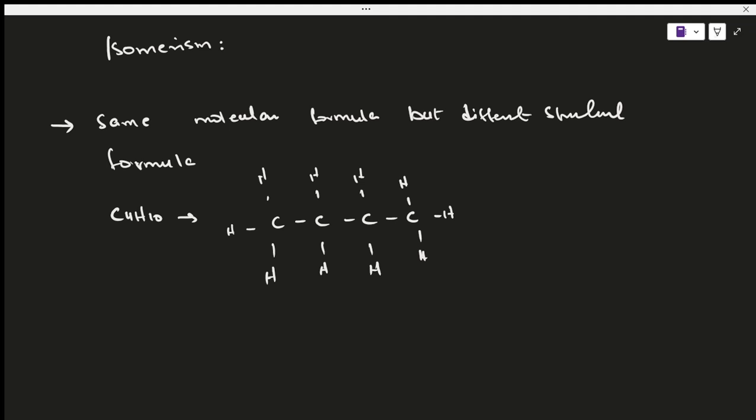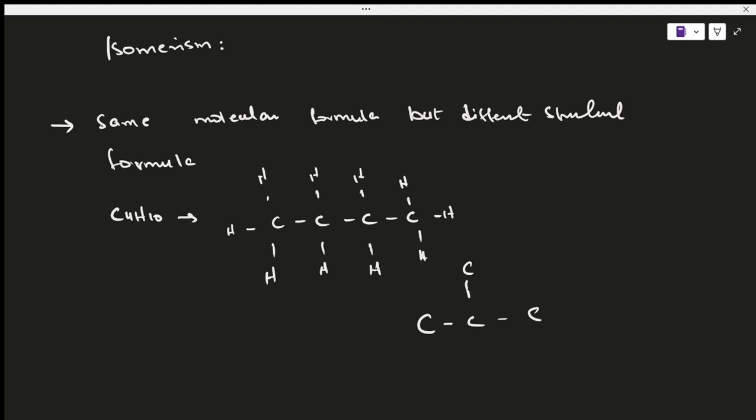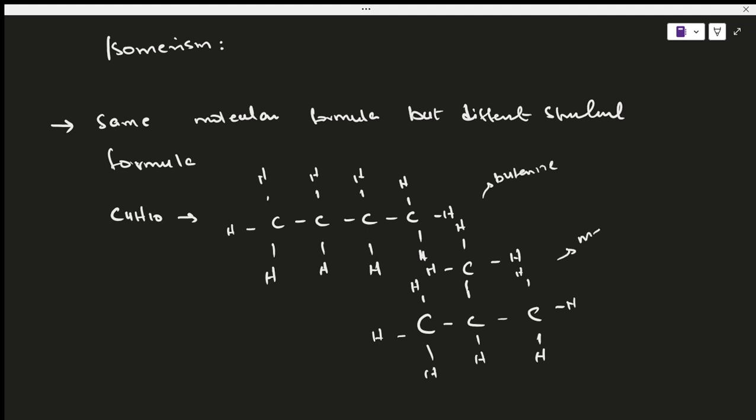And the isomer for this is going to look something like this. Yeah. This is your branch chain isomer for this. So this is butane, and this is methyl propane.